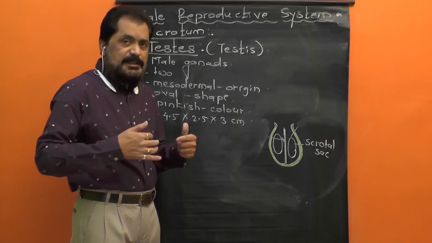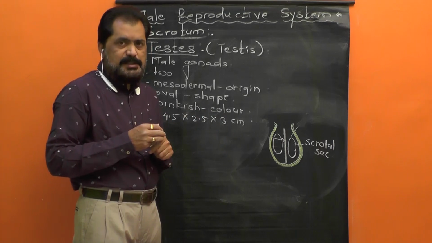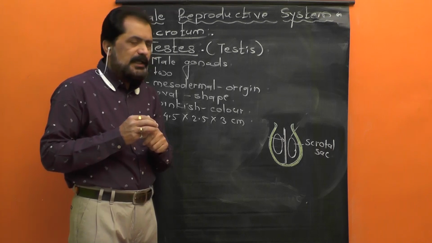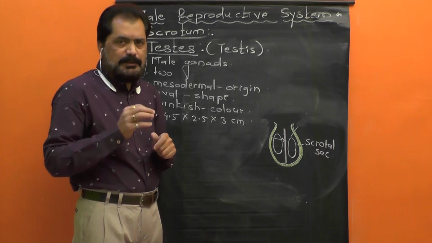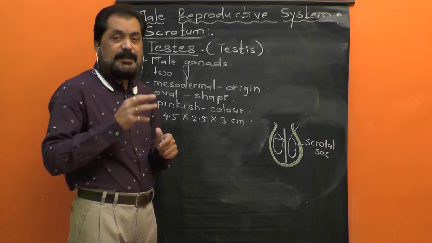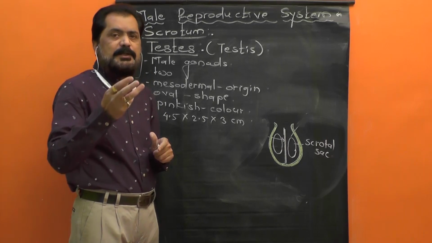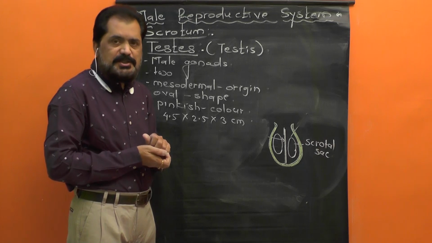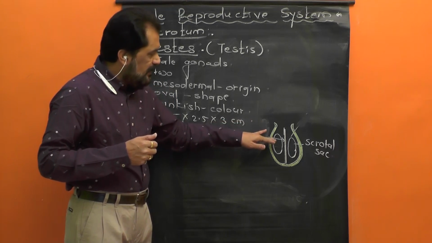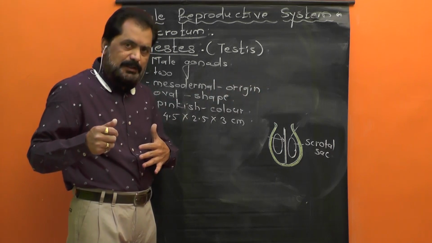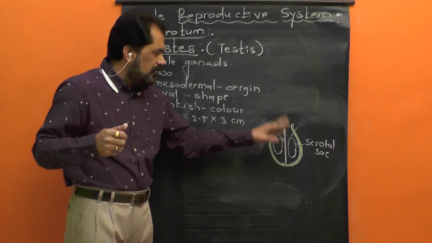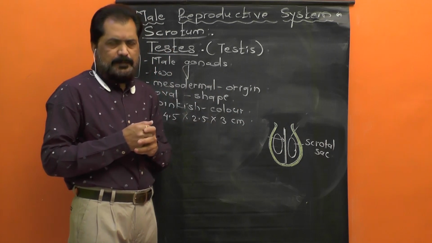But the testes descend down, means the testes get pushed down into the scrotal sac around 7th month of development of fetus. फेटसची 7व्या महिन्याची वाढ होत असताना या टेस्टिस की ज्या आधी ॲब्डॉमेन मध्ये असतात त्या खाली ढकलल्या जातात आणि त्या स्क्रोटल सॅक मध्ये येतात. And this is necessary.